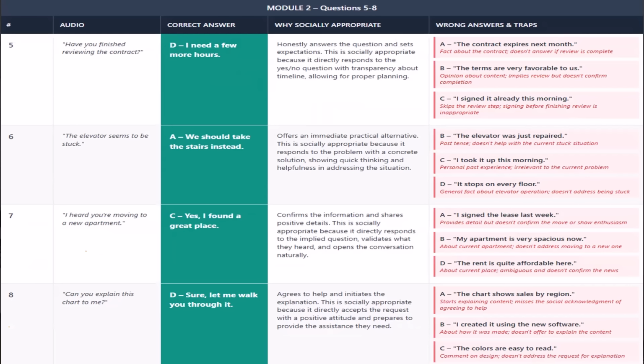It directly answers the question. Do you understand? Because the person is asking, have you finished the contract? D directly answers it. Yes, I have, or no, I have not. Somebody responding with saying the terms are favorable to us doesn't mean necessarily they finished reviewing the contract. Do you understand?